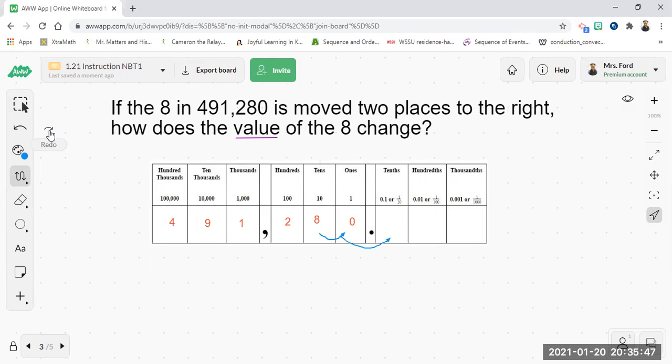Now I have moved it 2 places to the right, which would make it 8 tenths. It's almost like I divided by 10 to get to a smaller place with a smaller value. Or I can say that I multiplied by 1/10. Same thing.